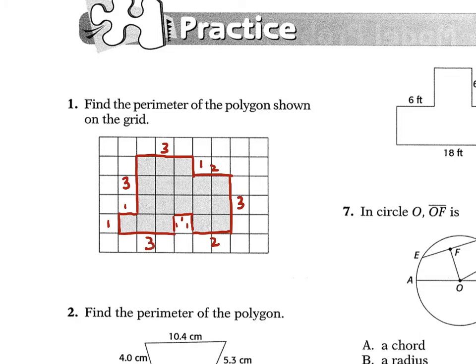All right, so 1 plus 1 is 2, plus 3 is 5, plus 3 is 8, 9, 11, 14, 16, 17, 18, 19, 20, 21, 22. So it's 22 units.